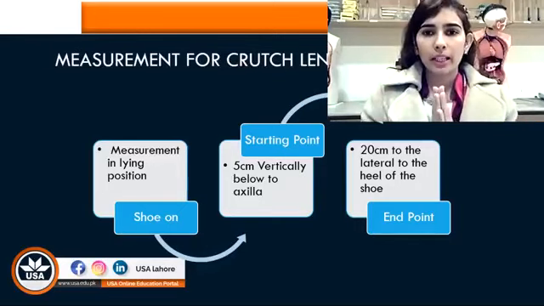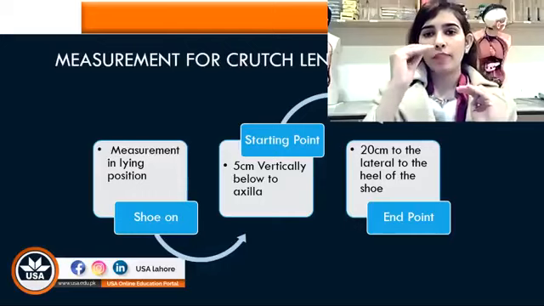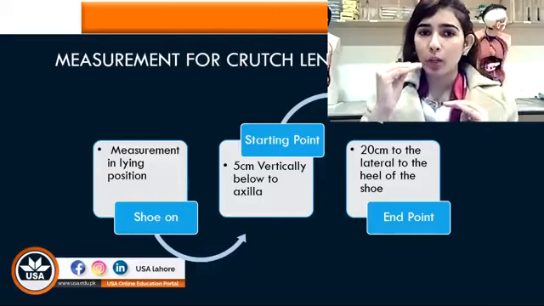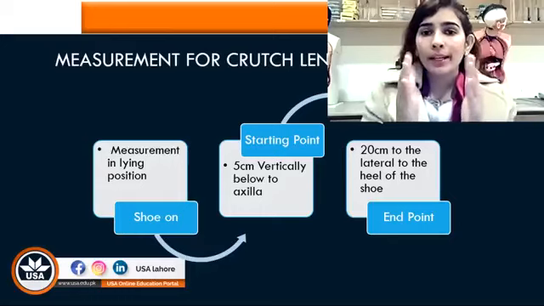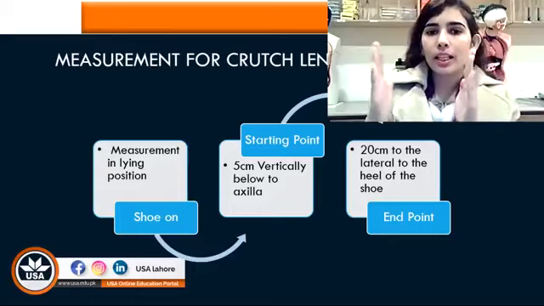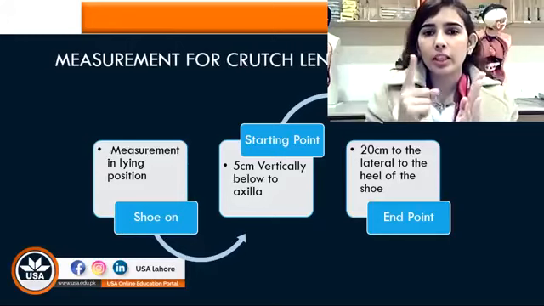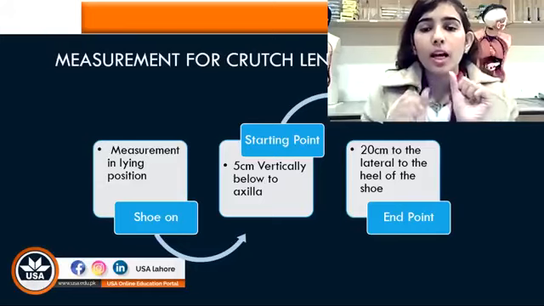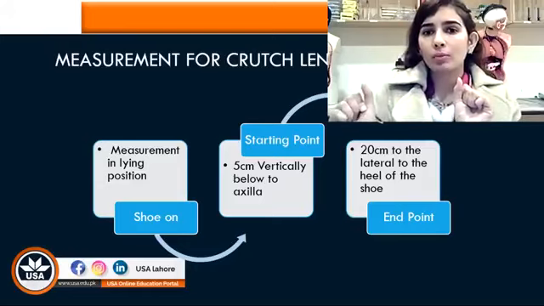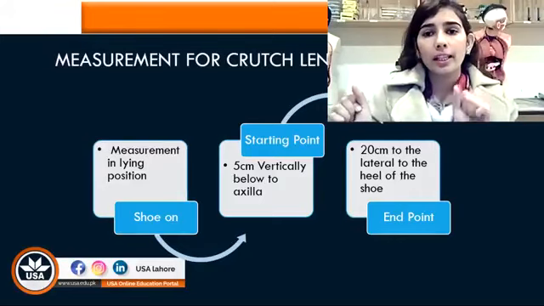So the measuring tape would start from 5 centimeters below the axilla, and it will end its measurement 20 centimeters lateral to the heel of the shoe. The patient is wearing the shoe, and we will take the measurement from 20 centimeters away, or lateral, to the heel of the shoe.